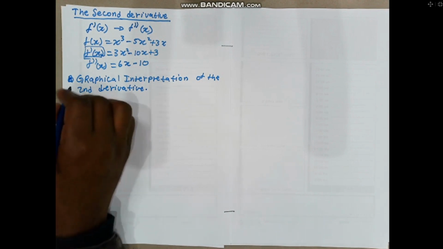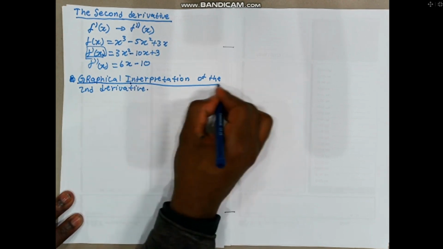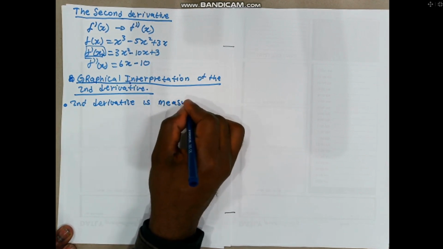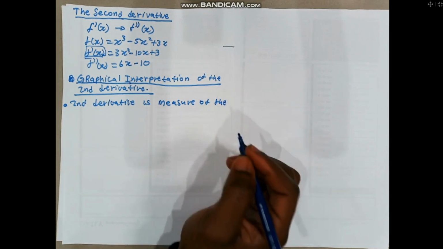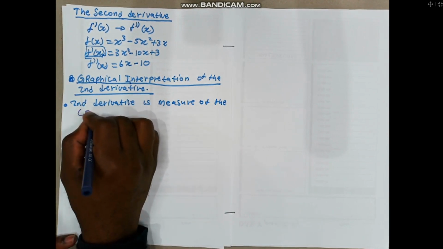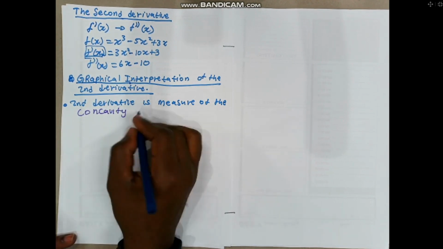So first thing, the second derivative is a measure of the concavity of a function.